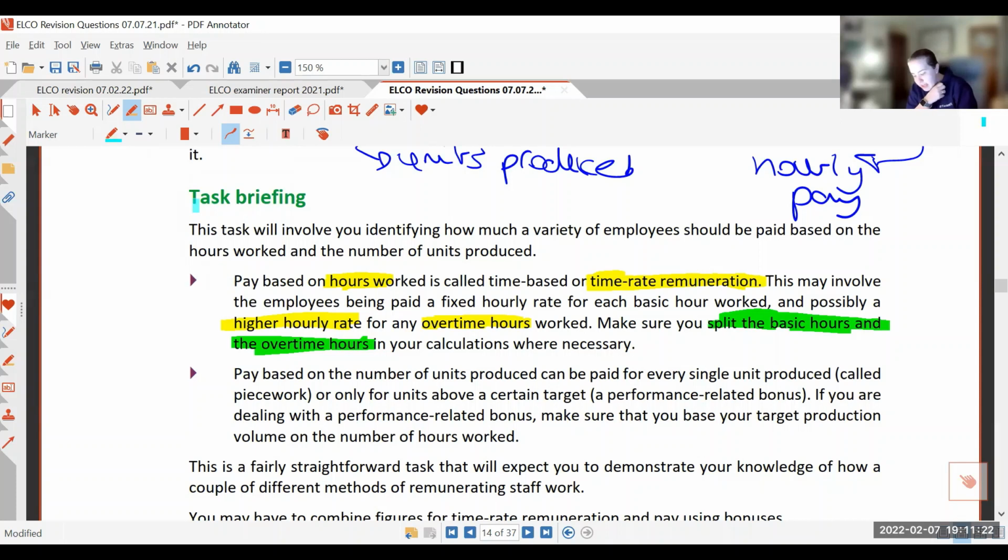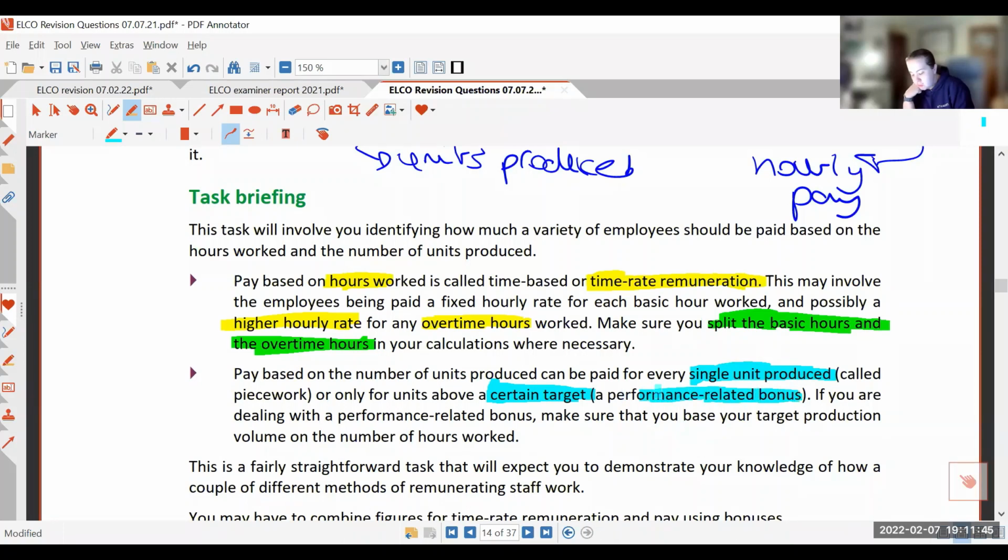Piecework, again, like we were saying, you're paid for each unit produced. The other element of piecework is where bonuses come in. You might say that if you achieve over a certain target in terms of production, you'll get a bonus, a nice little bit of extra pay.